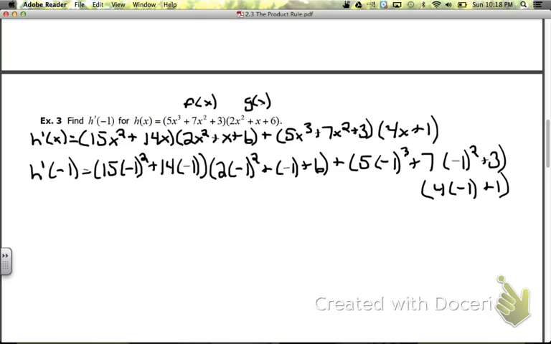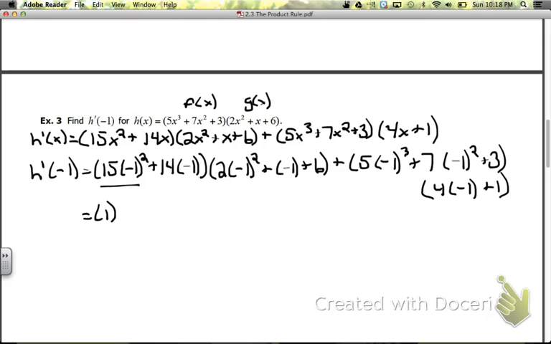So then what we get is, when we multiply this -1, -1 squared would be +1, so we get 15, and then 15 minus 14, so you get 1.